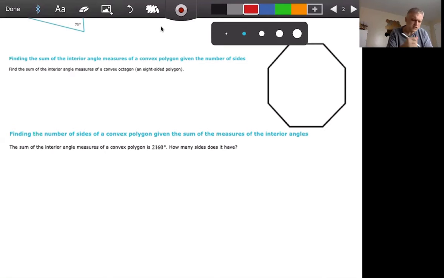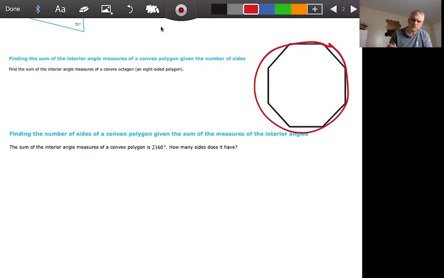Well, let's use that piece of information to figure out how many degrees are in this convex octagon. I'll get to the word convex in a second. We don't really need it for this because we have the picture.